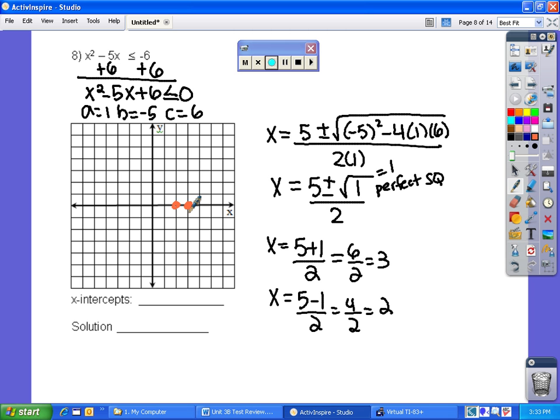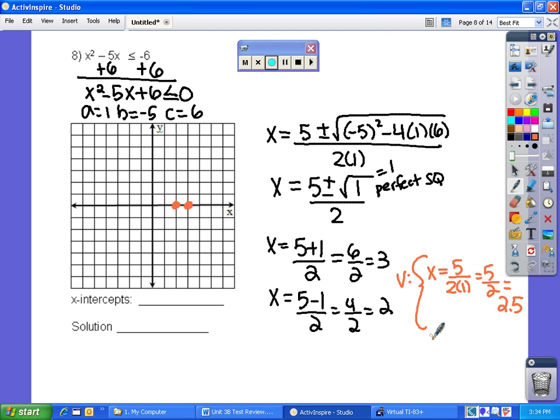Okay, now the next thing we need to do is find our vertex. So it's negative b, which is 5, over 2 times 1, which is 5 over 2, which is 2.5.